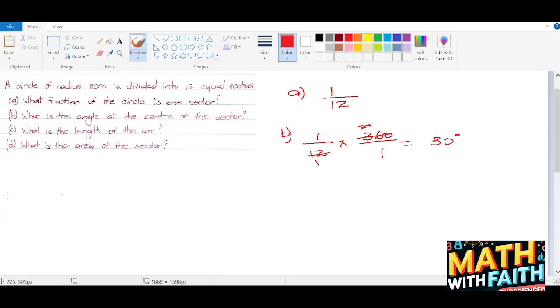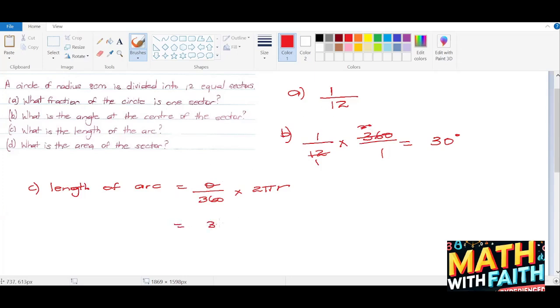So therefore now we can find the length of the arc. And we know that the length of an arc is given by theta out of 360 multiplied by the entire circumference, which is 2 pi r. And look at how theta over 360 is going to come back to be 1/12.